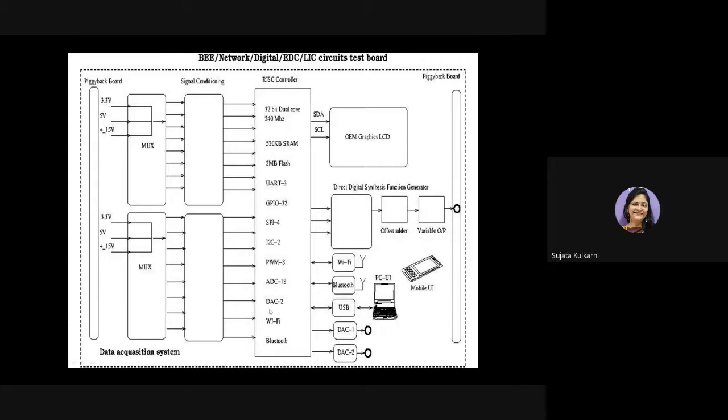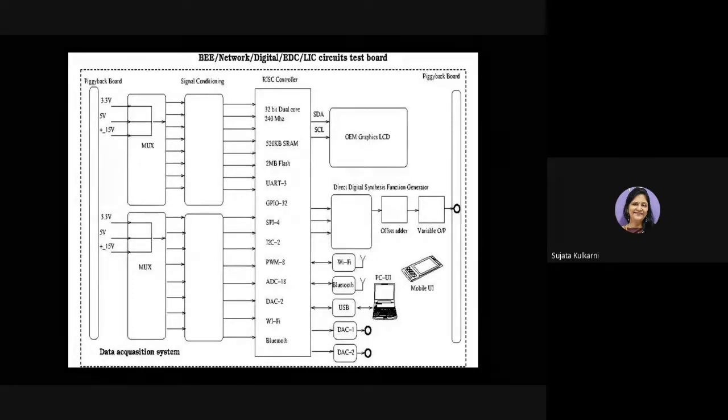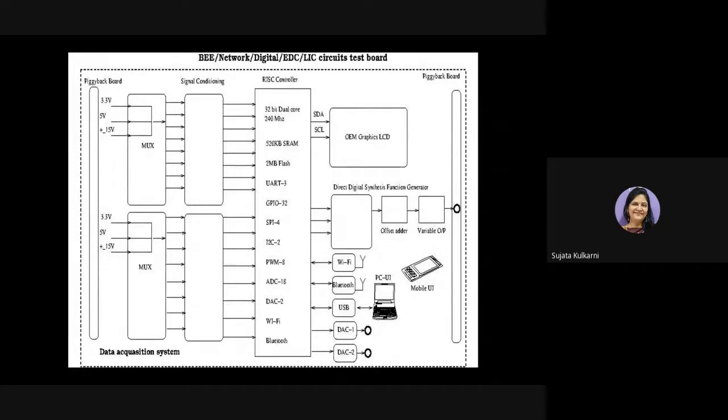Since you have a digital to analog converter, the DAC can generate various types of waveforms based on the user's requirement, but the output would be at most 0 to 3.3 volts. So if you want to bring it to plus 15, minus 15, again for that DAC output you should have a signal conditioning circuit.